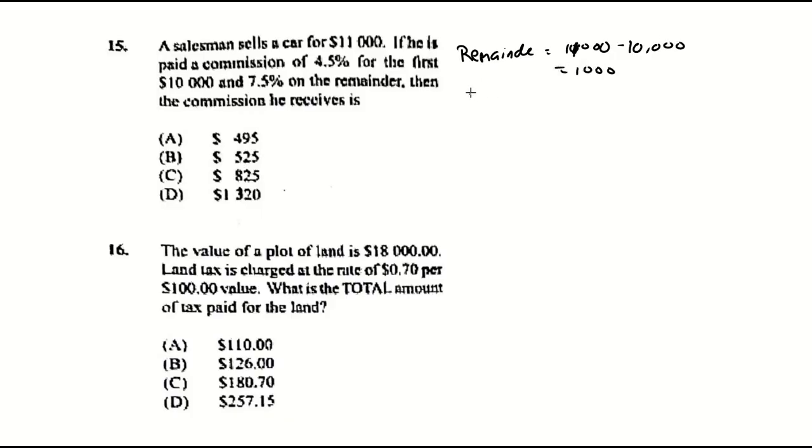So he's being paid 4.5% of the 10,000, and then 7.5% of the 1,000. Cross off, cross off. 4.5 by 100 is 450, and then you carry back the 0, so it's $45. Cross this out, cross this out. This would be 75. 45 plus 75 is 5 and 5 is 10. 7 and 4 is 11 plus 1 is... Hold on.